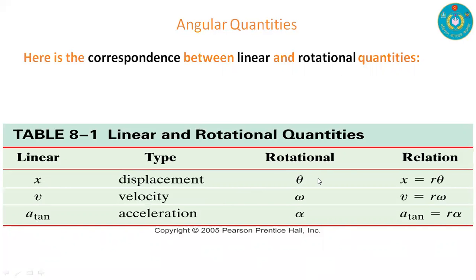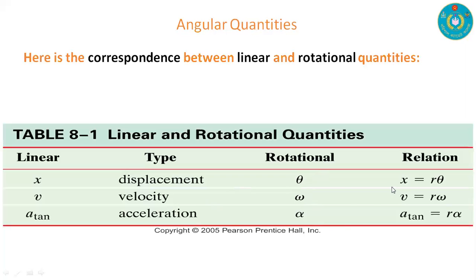For rotational quantities, the displacement for rotation is theta, rotational or angular velocity is omega, and angular acceleration is alpha.